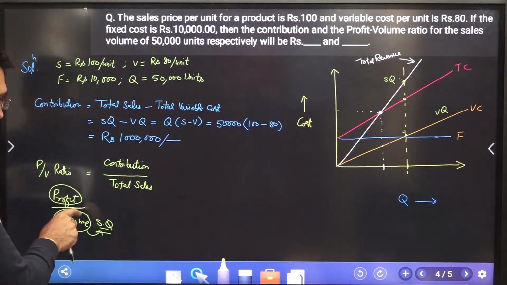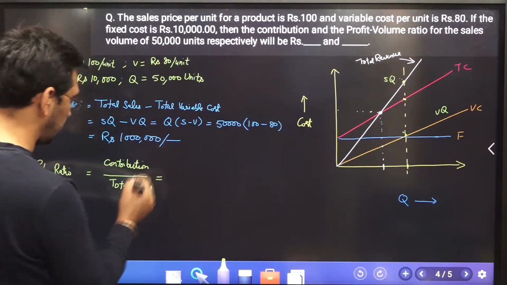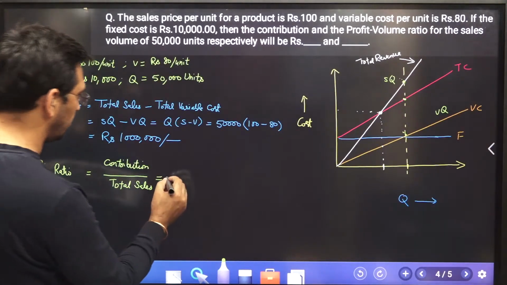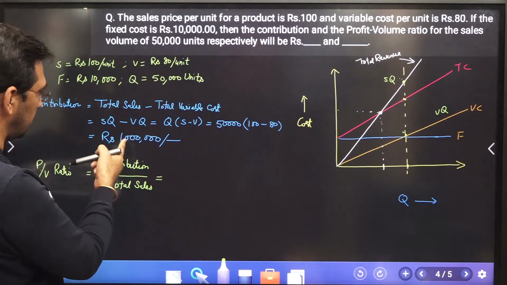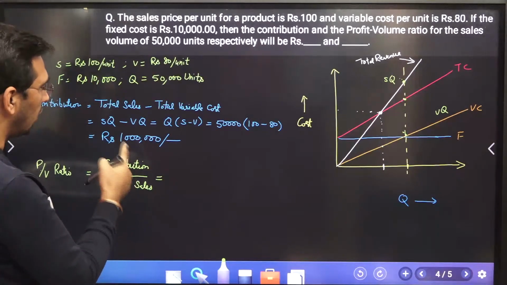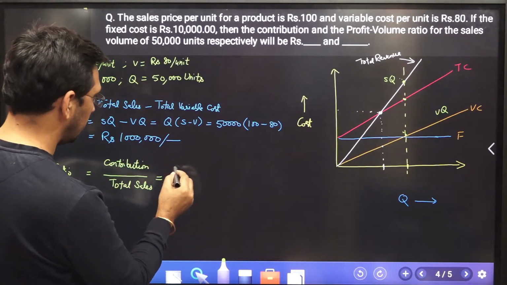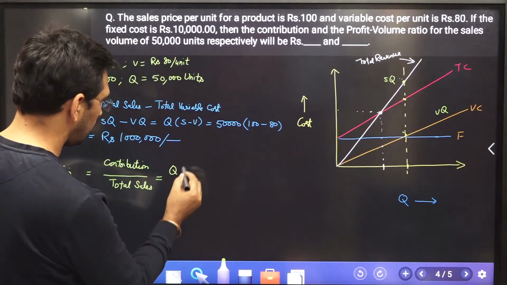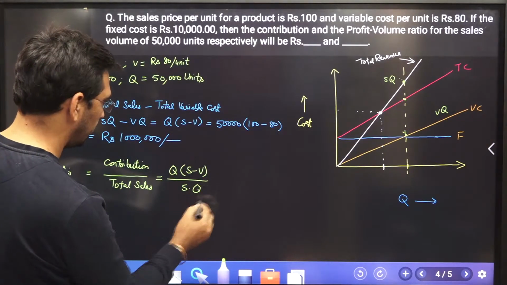Now if that be the case, then contribution is in terms of rupees, so I have to write this in terms of rupees also. Or you may write it that way also, this divided by S into Q. Or if you want to write it the other way around, then contribution is SQ into S minus V, divided by S into Q, total sales.